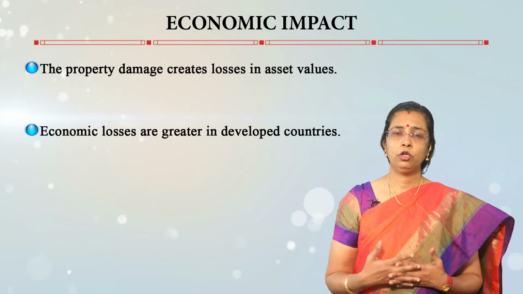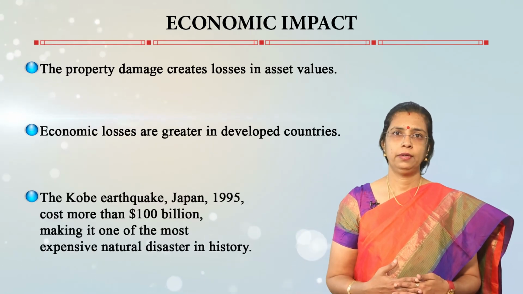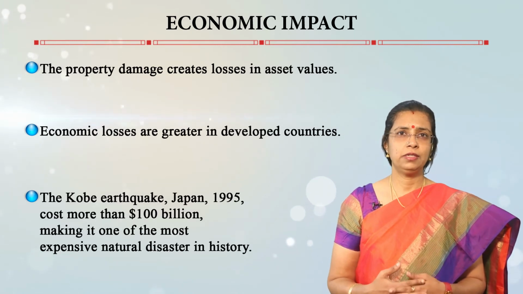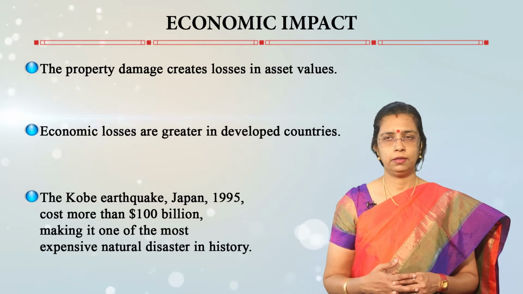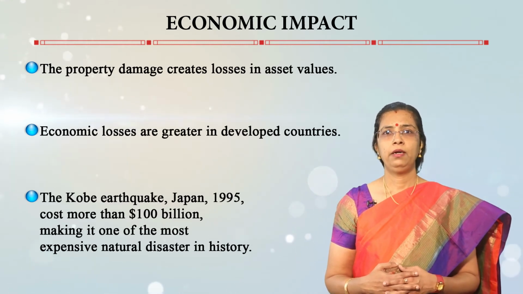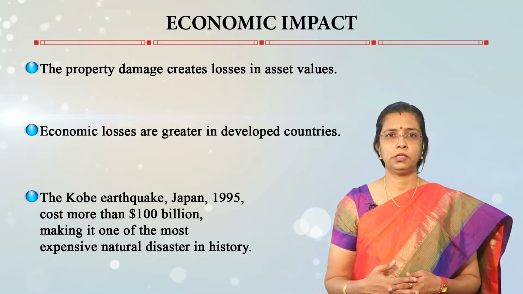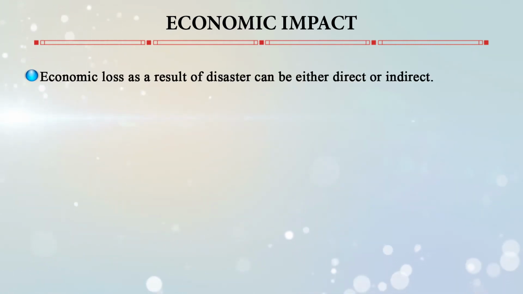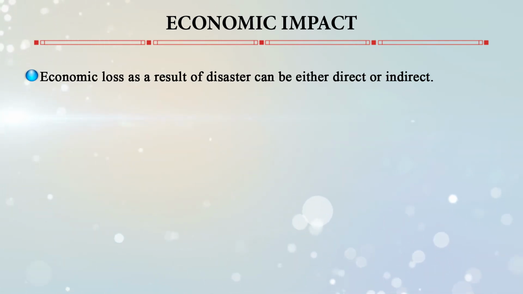One example: the economic loss can be greater in developed countries. The Kobe earthquake in Japan in 1995 is considered one of the costliest natural hazard disasters in history, and it incurred more than $100 billion US, making it one of the most expensive. Economic loss as a result of a disaster can be either direct or indirect.